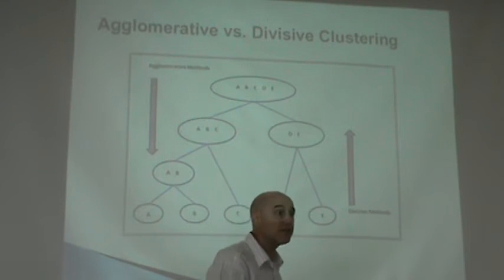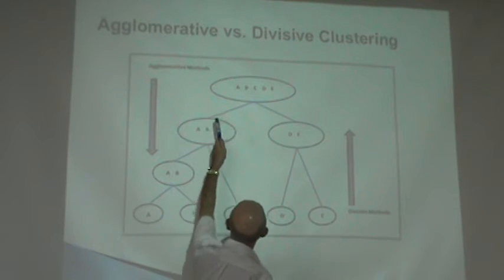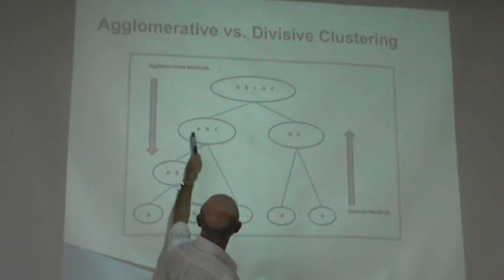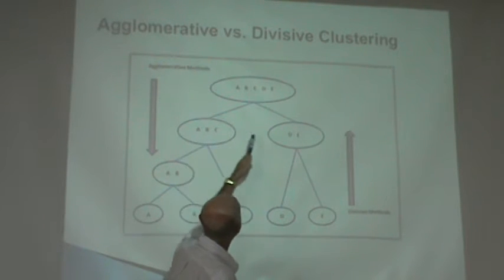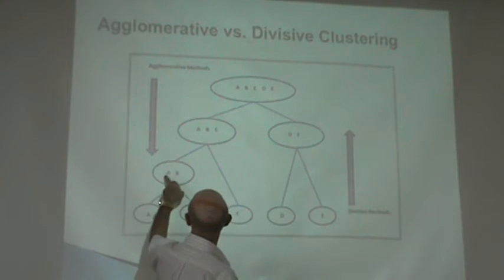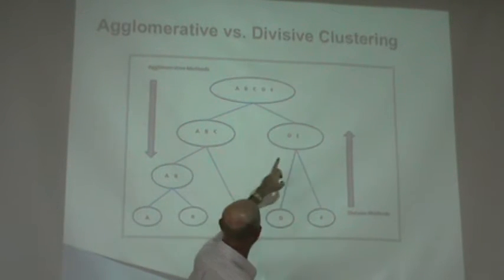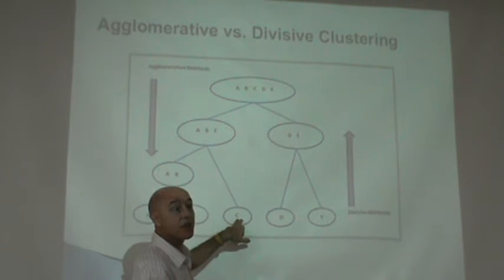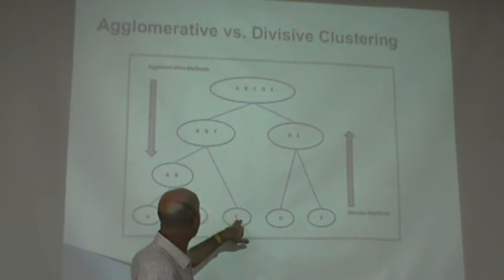In the divisive method, it's the opposite. You take A, B, C, D, and E, and if you split them into 2 clusters, you're going to get A, B, C, and then D, E. If you need 3 clusters, maybe AB is the one cluster, DE is the second cluster, and C is the third cluster. All right.